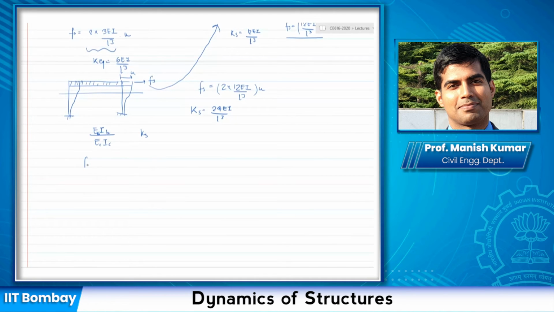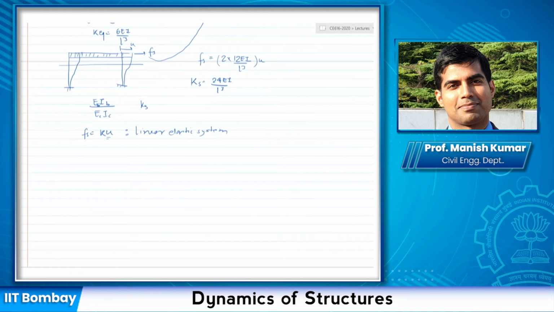I'm going to represent the stiffness force in the system by this relationship here. Now, remember, this is for a linear elastic system. In reality, in many systems, if you keep applying the force or the displacement, even if it is a column or a beam, it will keep on increasing, and after a certain point the material will start to yield or fail.